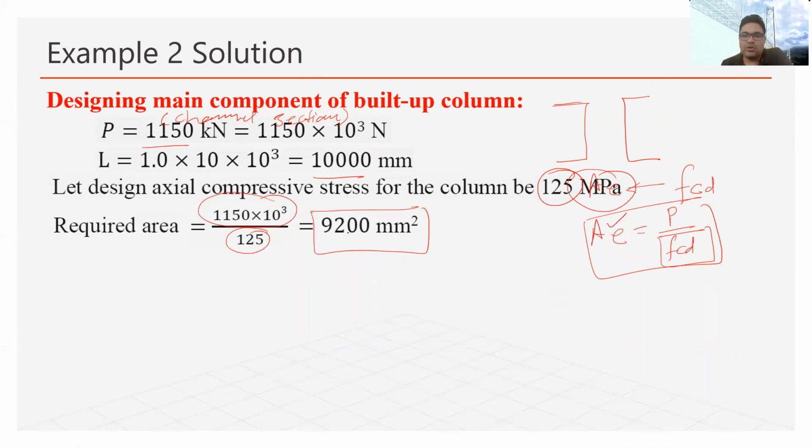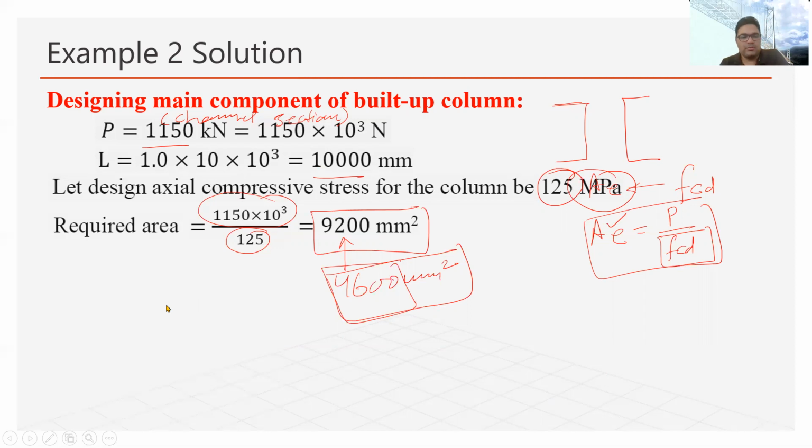This is the total area. The area of cross section for a single channel section would be divided by 2, which means it would be 4600. For a single channel it would be 4600, and both channels should be identical. Using the steel table, we will look for a channel section which has an effective cross-sectional area more than this.